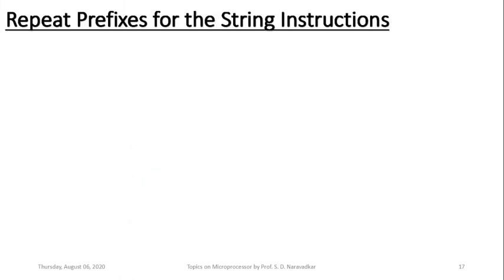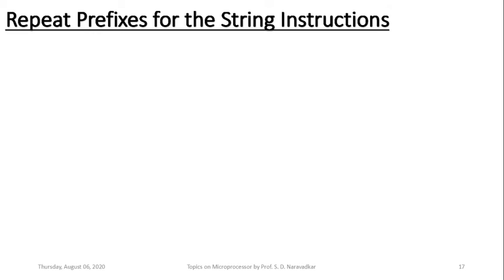Now next, towards the end of the string instructions, repeat prefixes for the string instructions. Each of the string instructions which I have explained, there are 5 string instructions with byte and word variations, total will become 10. But each of them manipulates either byte data or word data alone. Anyway, we want to make a particular string instruction apply to a set of bytes or a set of words.